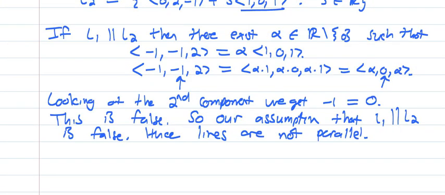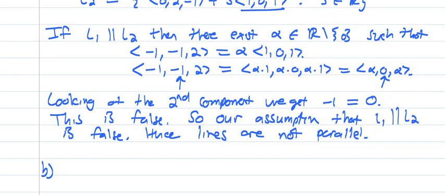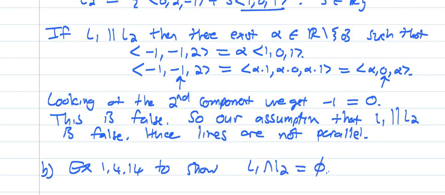All right. And number B, the question is, show that the lines do not intersect. So it is actually exercise 1.4.14 to show that line 1 and line 2 do not have any points in common. All right.